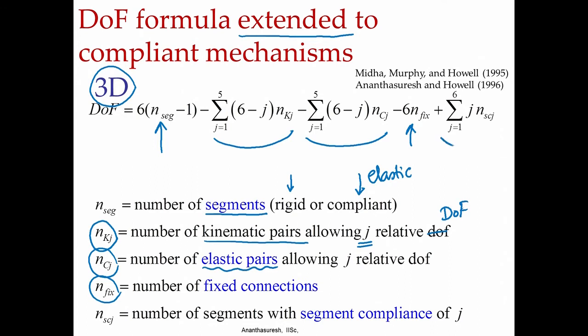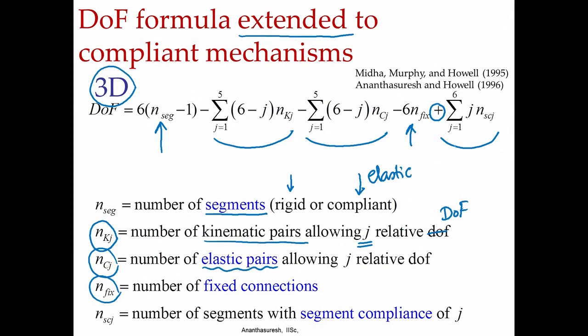But the last one needs even more attention in this modification, which is addition. You see that this is not minus, it is addition. The addition comes because elastic segments provide additional freedoms. Without that freedom, compliant mechanisms cannot even move or deform. Unless they elastically deform, we will not get any motion.